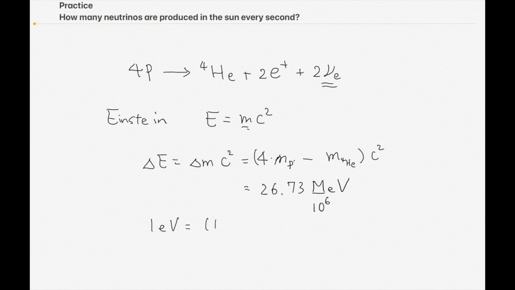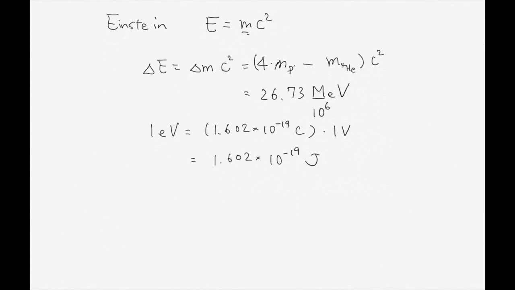The charge of the electron is 1.602 times 10 to the minus 19 coulombs, times 1 volt, so it is 1.602 times 10 to the minus 19 joule. So you can easily convert from electron volts to joules or joules to electron volts.